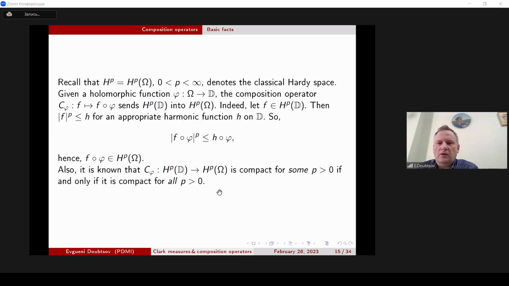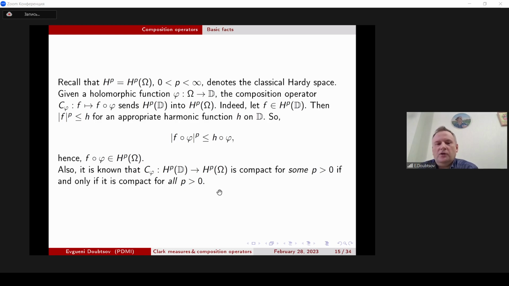So, there is a well-known short proof, which depends on the following property: if a function f is in HP on the disk, then the modulus of f to the power p is estimated by a harmonic function h, such that h is at least this modulus to the power p. Then we put phi inside, and we obtain the harmonic majorant for the new function f composition phi.